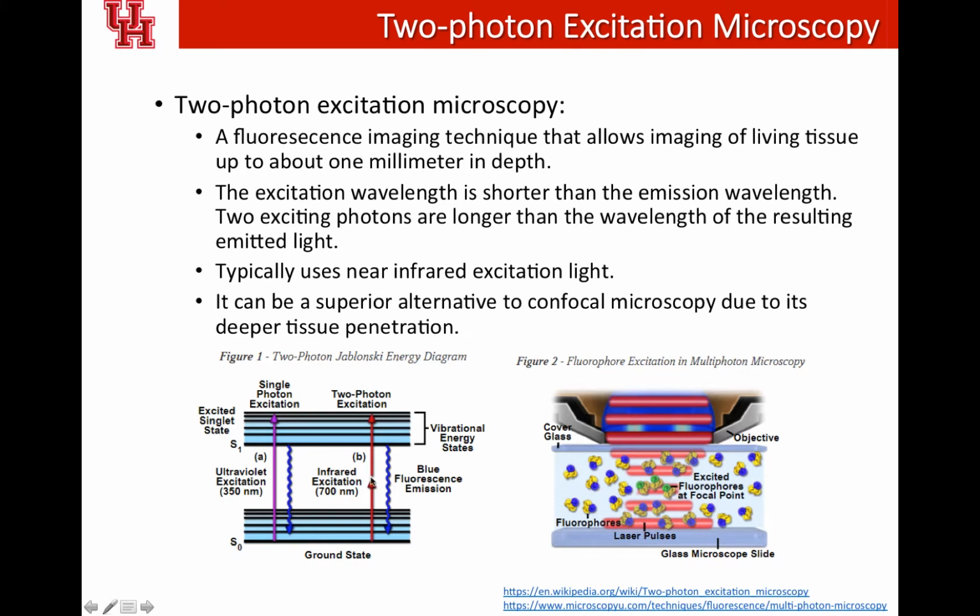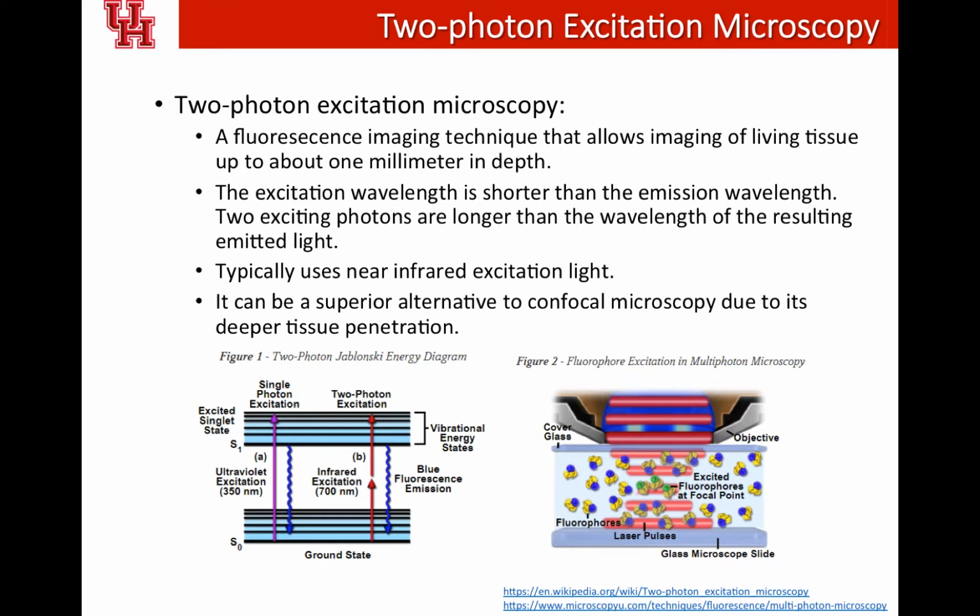You excite your electron into the intermediate state, and you have another photon to excite it from the intermediate state to your excited state. So now you have two photons exciting one electron, and then this electron will emit the same blue fluorescence light from the molecule. So that's how two photon works. The key is that you can use longer wavelengths to excite shorter wavelengths. So that's why most people use infrared.